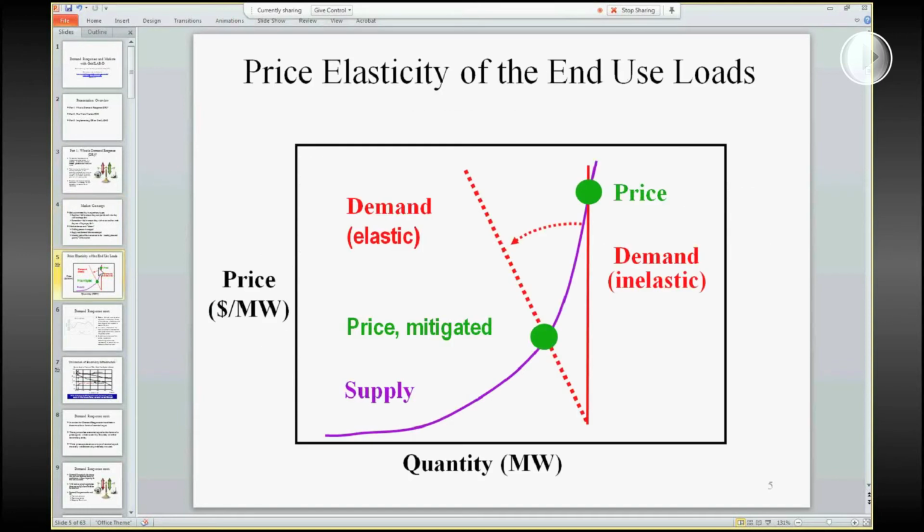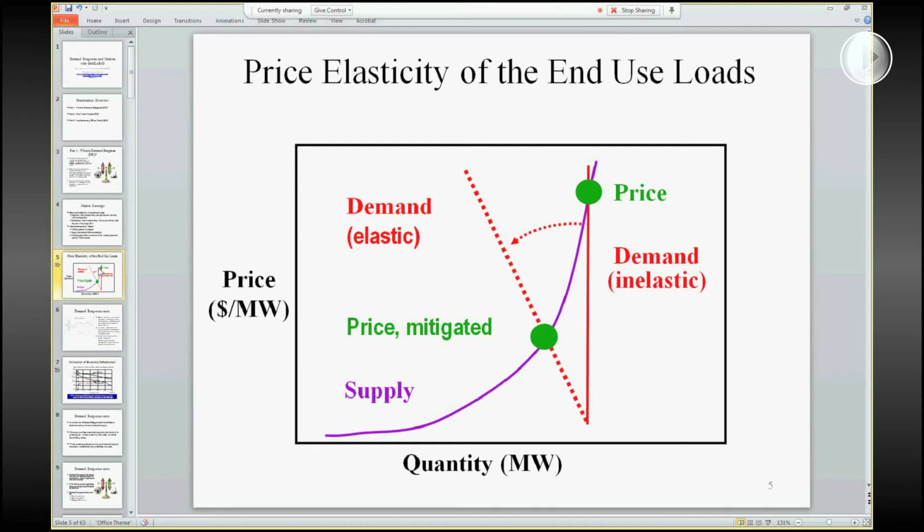It's a little bit more on how we're treating these end-use loads. So the idea is that when you start stacking up all the different buyers in the system, specifically on the end-use load side, you can stack that up to form a curve in economic terms.